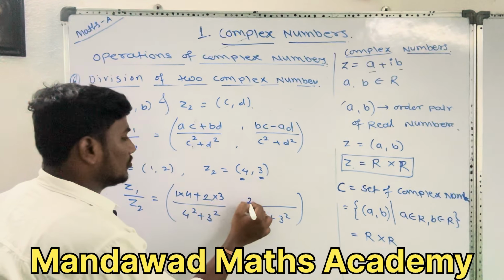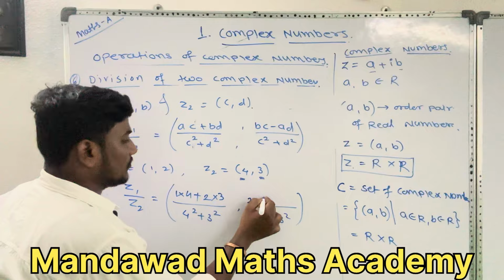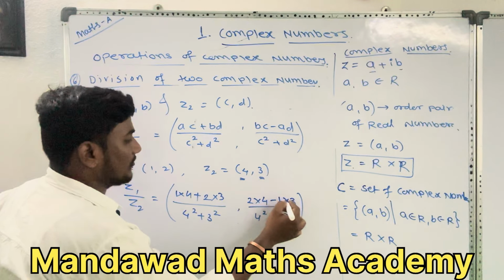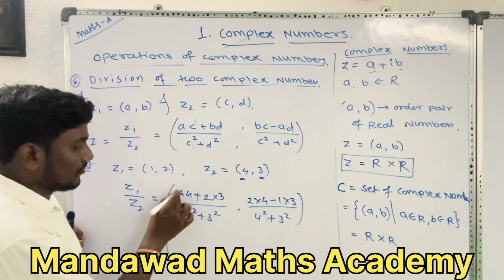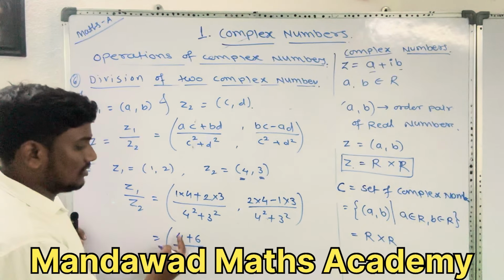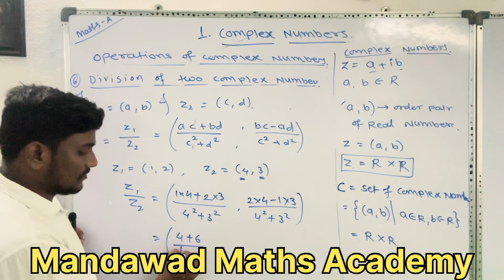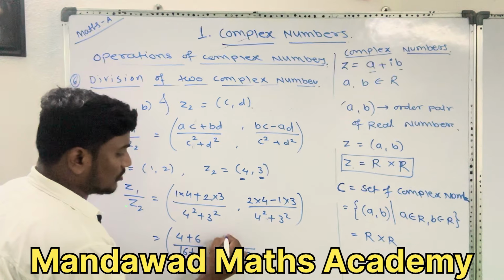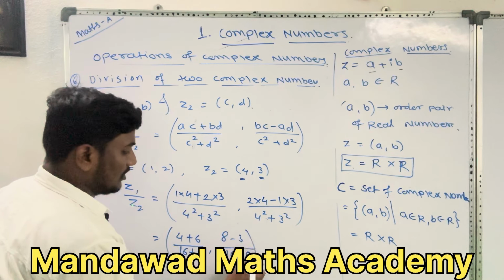Here B is 2 and C is 4 minus A is 1 into D is 3. Here 4 ones are 4 plus 2 threes are 6, divided by 4 square 16 plus 9. Similarly, 16 plus 9, 4 twos are 8 minus 3 ones are 3.